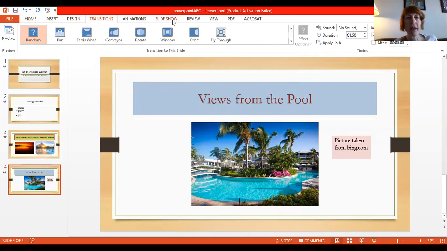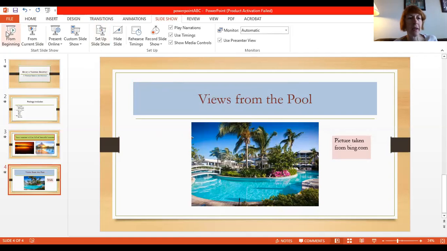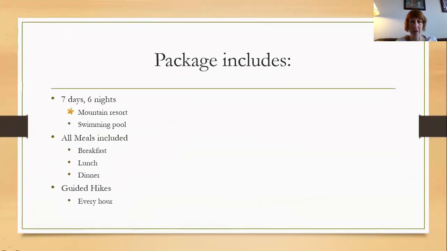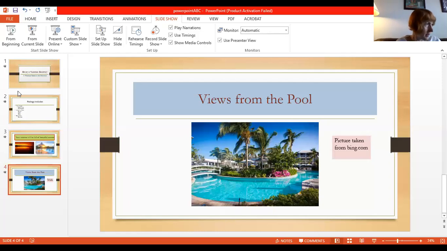So let's do slideshow again from the beginning. And you'll see there are little stars next to it. See? That means that you put in your transitions. But it's advancing on a mouse click. And that is slide transitions. Now, there are different ways to set this up.